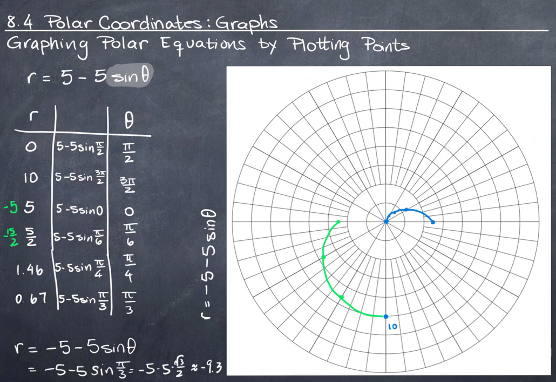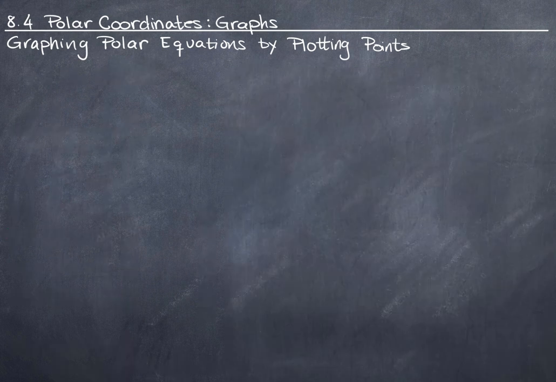So I want to use the rest of the time in this video to talk about just a couple of things that I think will clarify the work that we're going to do in the rest of this section. I'm going to use circles as my example here.